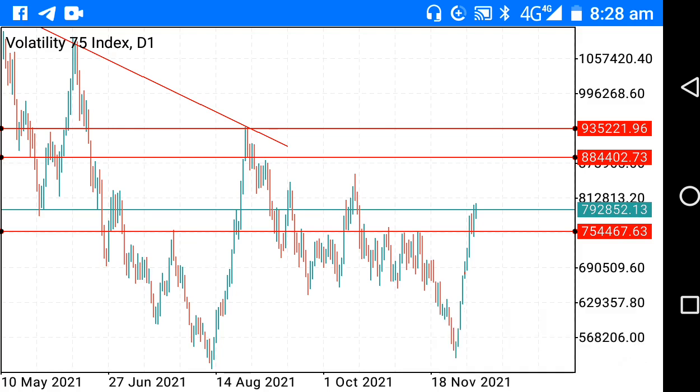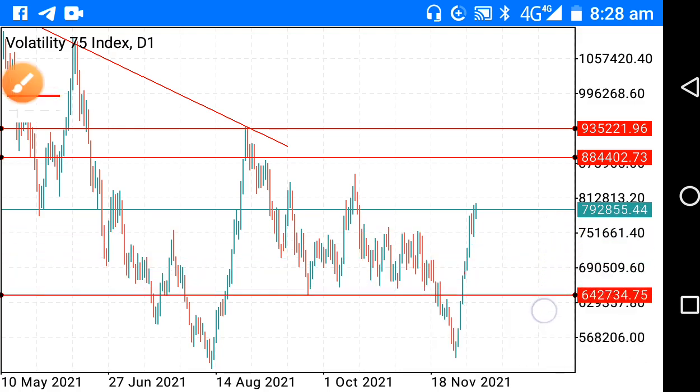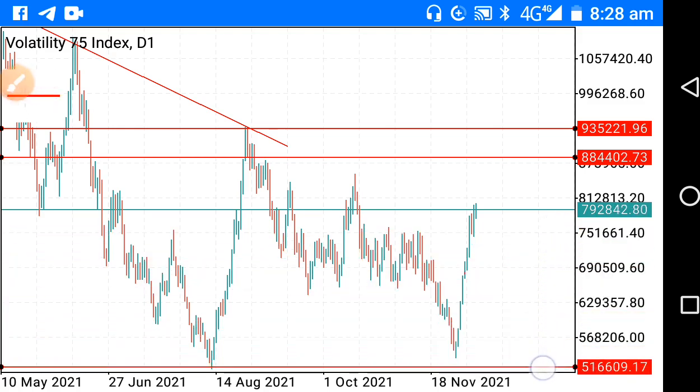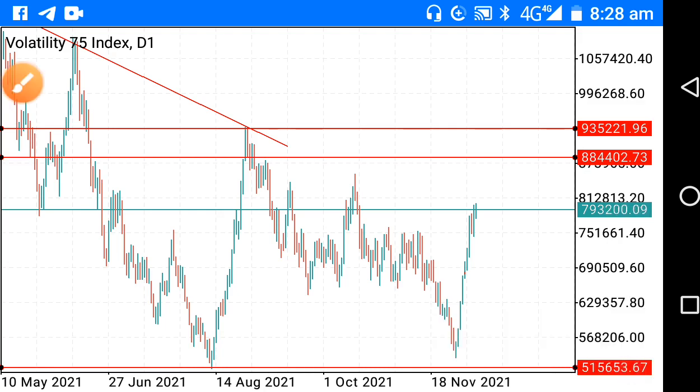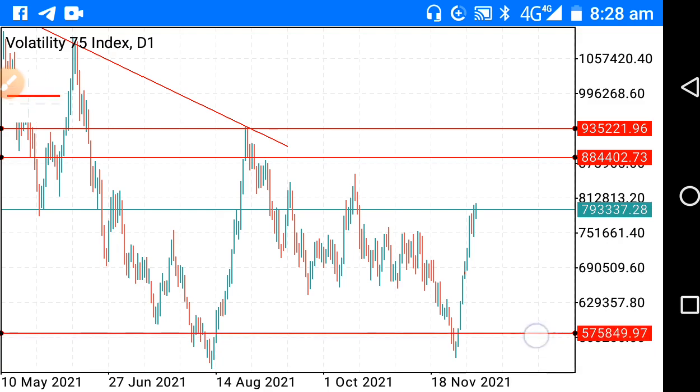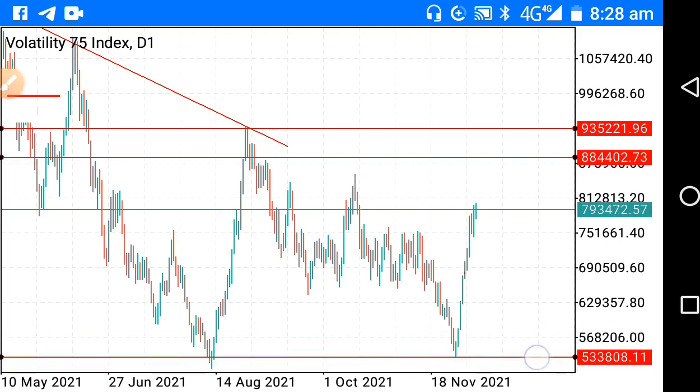Then for my second take profit, I'll be targeting the previous low, and in this case, price almost got to that previous low. If I had to adjust, this was where price stopped at this point.